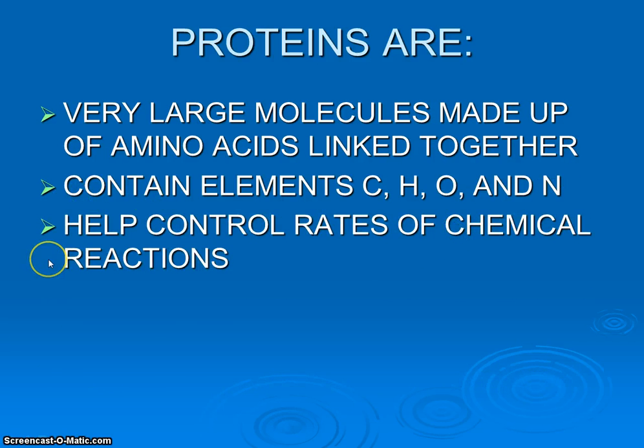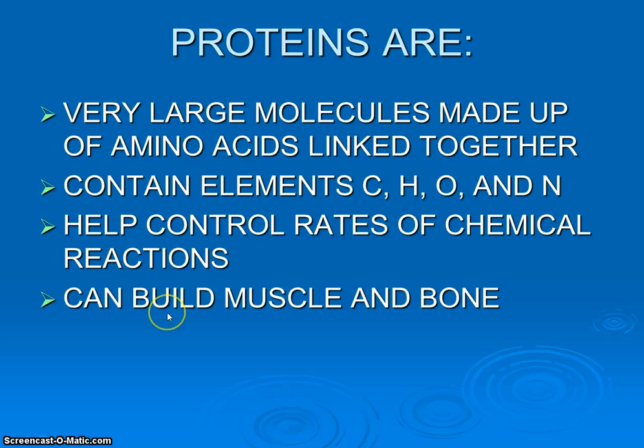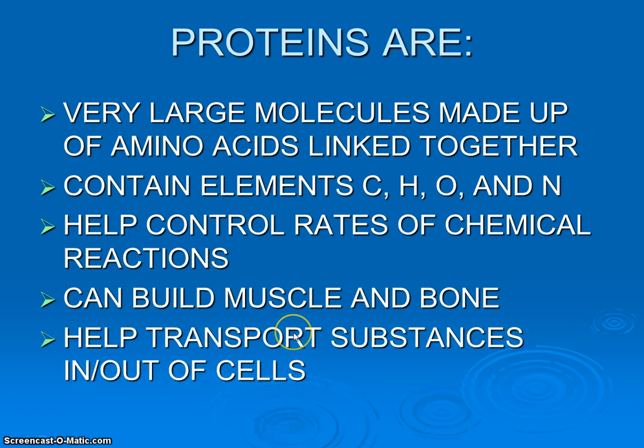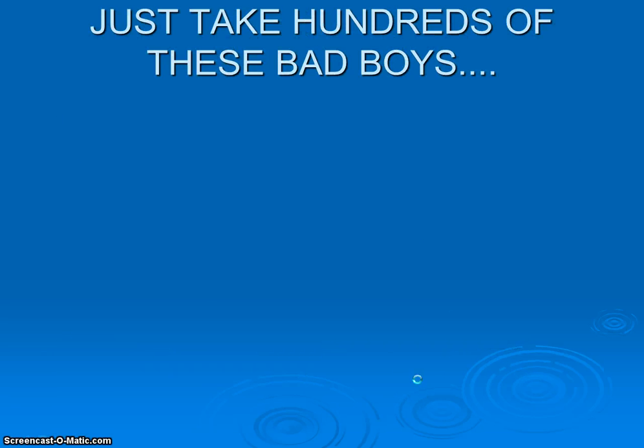And they're the most important because they have many jobs, like performing chemical reactions. Our next video is actually going to be devoted solely to this aspect. A lot of structures in organisms' bodies, muscles, hair, nails, are built up of protein, and they even are responsible for moving substances in and out of our cells, sugars, waste products. So all organic compounds are important, but these are by far the most important.